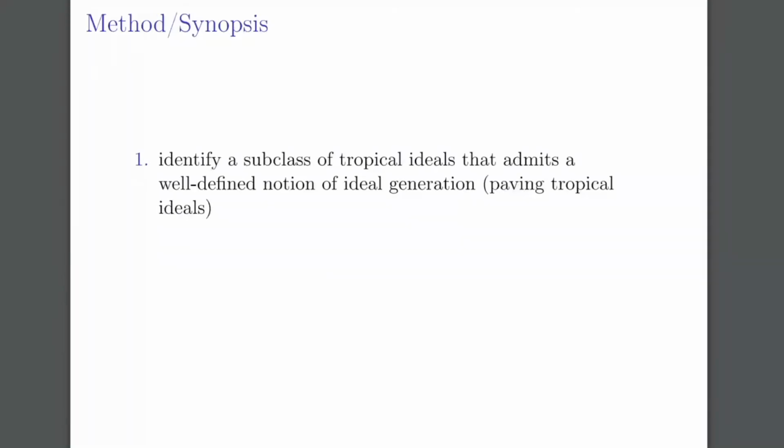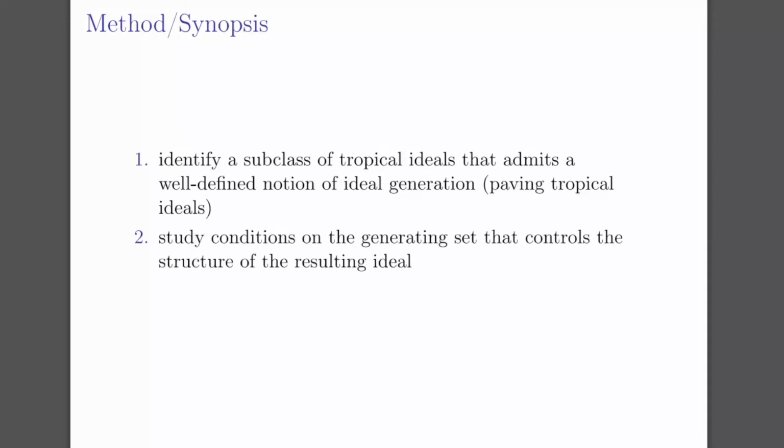And how am I going to go about doing this? First, we're going to identify a subclass of tropical ideals that admits a well-defined notion of ideal generation. This is going to be the idea behind paving tropical ideals. Then, once we have a notion of ideal generation, we're going to study the conditions on our generating set that control the structure of our ideal.